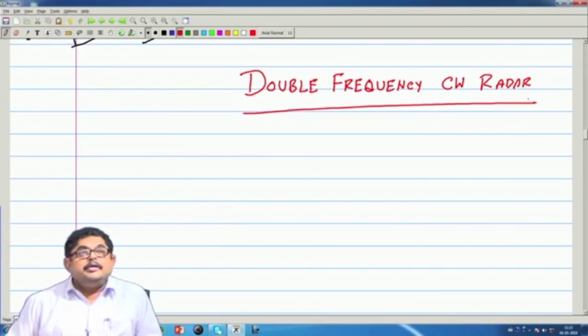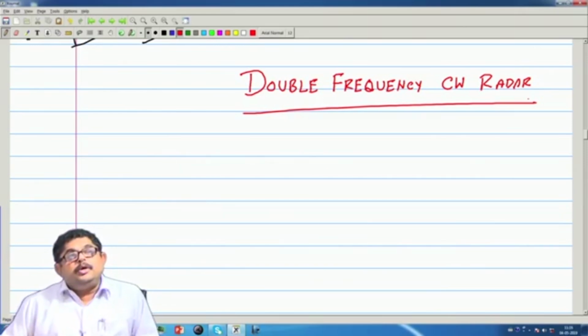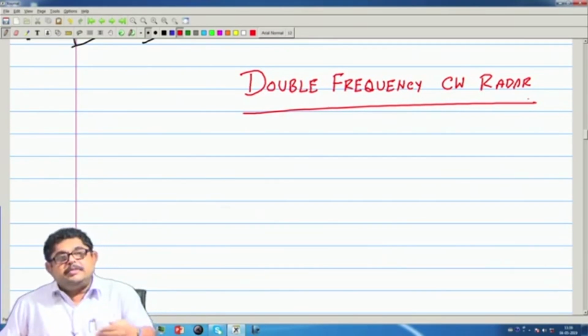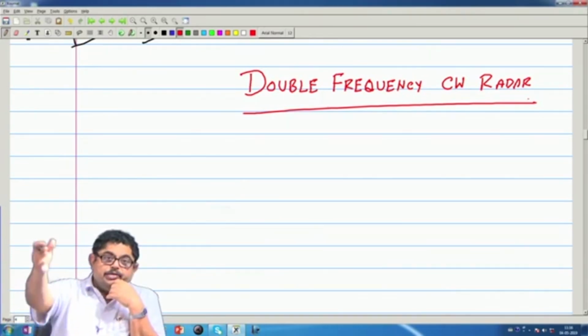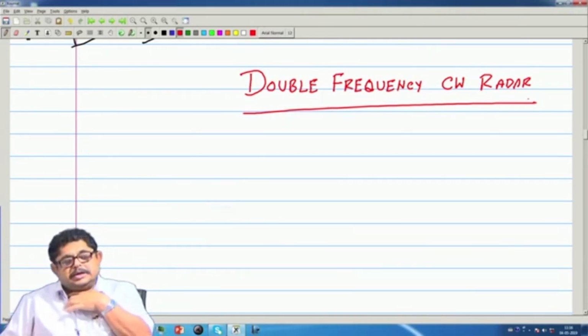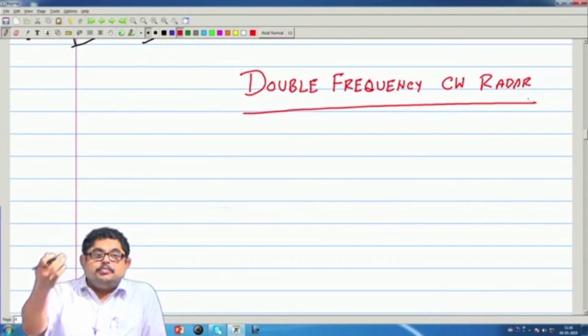Now, here we will not measure time, we will use another measuring thing, that is phase. Suppose I have a signal, and that signal is coming back. So, it has covered the extra distance.